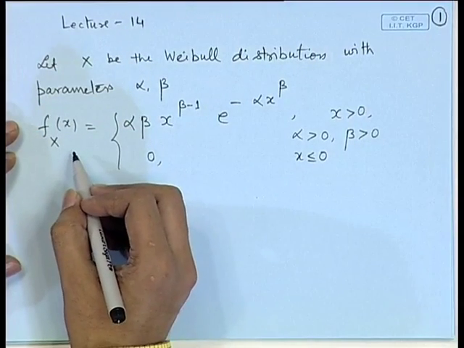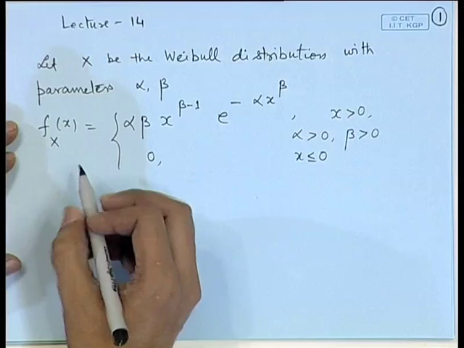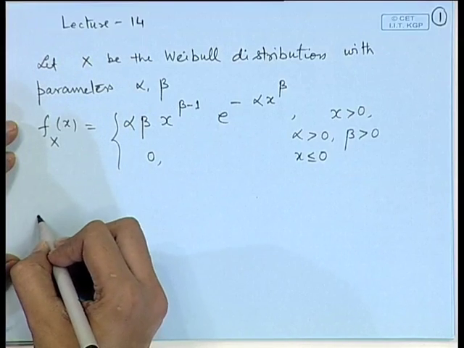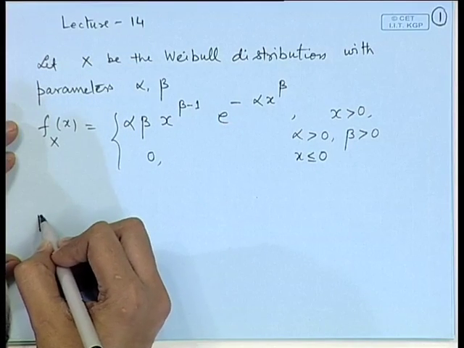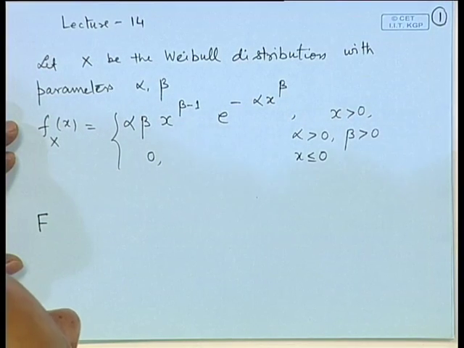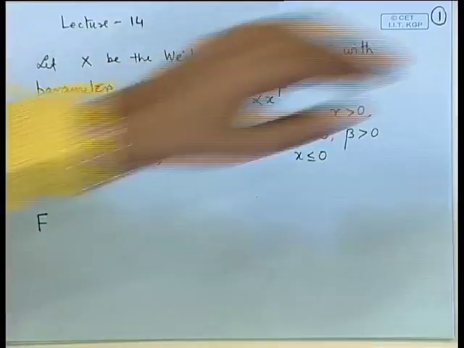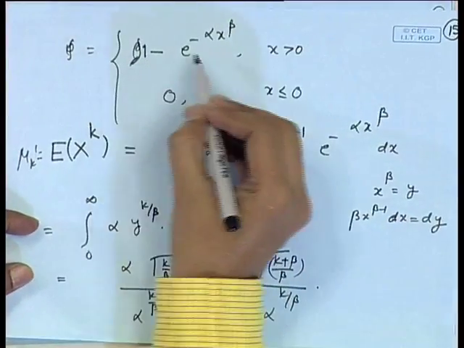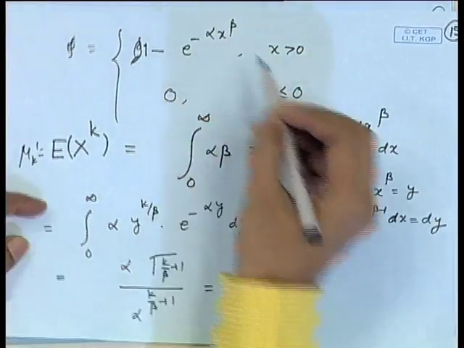Now, for this we calculated the reliability function. We firstly calculated the cumulative distribution function, which was equal to 1 minus e to the power minus alpha x to the power beta.